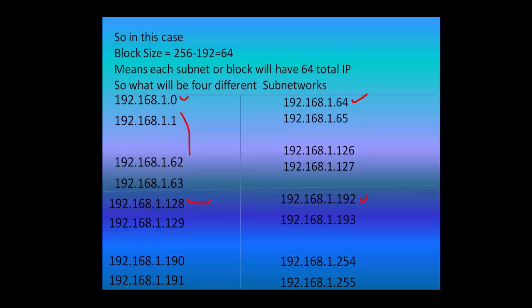Valid IP range, valid IP range, valid IP range, valid IP range. Broadcast, broadcast, broadcast and broadcast. But again the same thing, you have to mention the subnet mask with each IP.